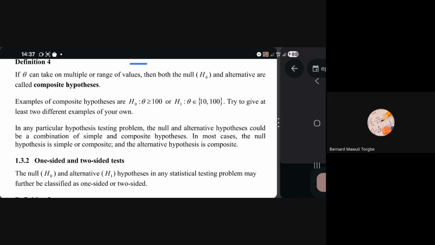Now, with the examples you gave, where H naught is greater than or equal to 30, in terms of the alternative, shouldn't it be the opposite of it, that it's not greater than or equal to 30?